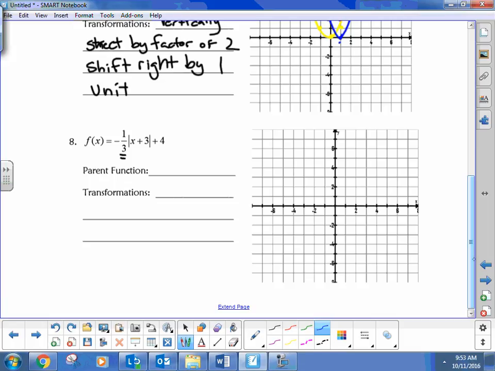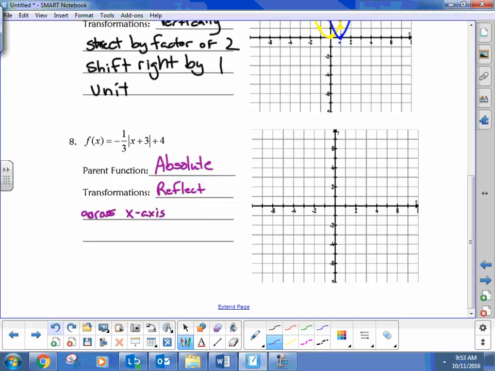All right, lovely. Now, another one here. Parent function, absolute value. Let's do that one. Absolute. And then transformations on this one is going to include, we're going to reflect across the x-axis. And that's because of this negative that you see here. That's the reason why we're reflecting. So x-axis.